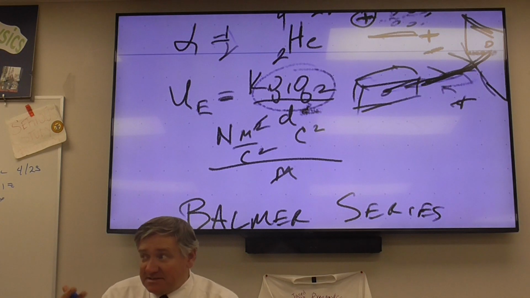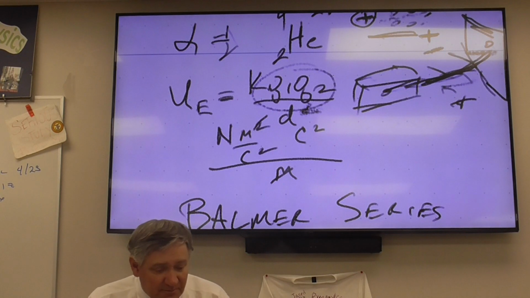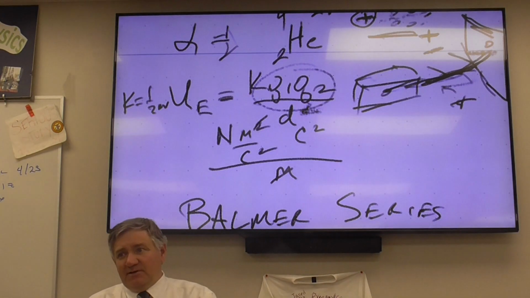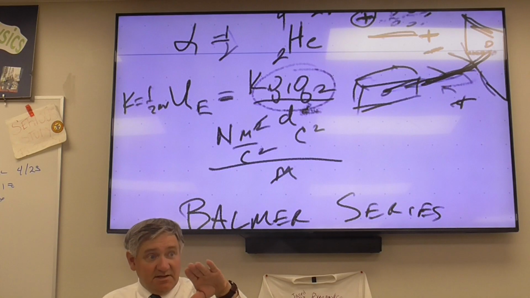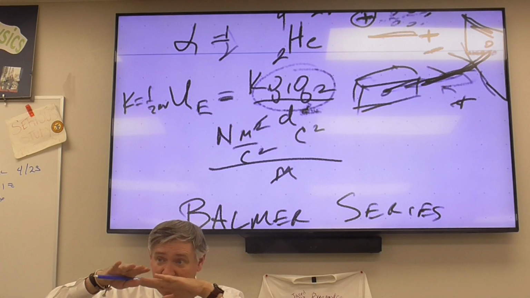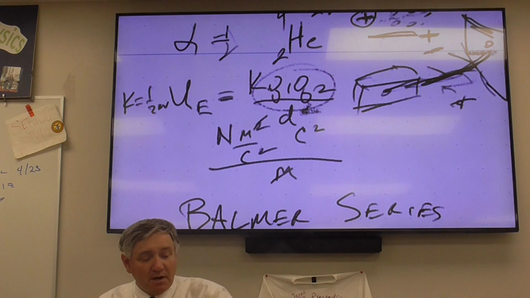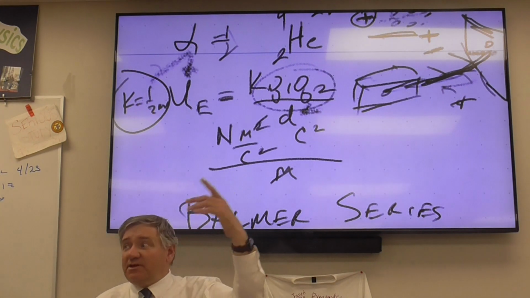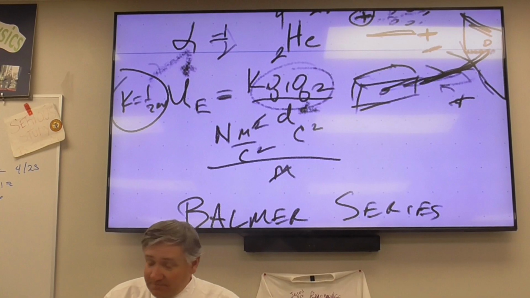So this is basically what Rutherford was able to do. He calculated how much kinetic energy it had. He knew the mass, and he knew the velocity, because it had to be selected for a particular velocity. So he knew the kinetic energy side, which means he also knew the OE side.